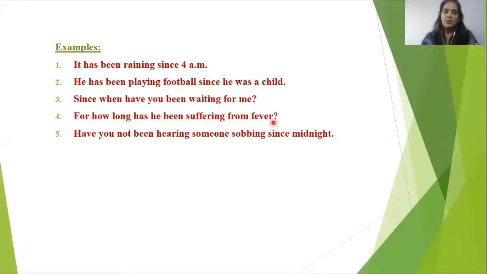If you write a particular date, then since. Otherwise, 2 days or 3 days, we don't know which day. In that case, we will use for. Have you not been hearing someone sobbing since midnight? Midnight, a time period is here again, and we use since here. So these are the examples of present perfect continuous tense.